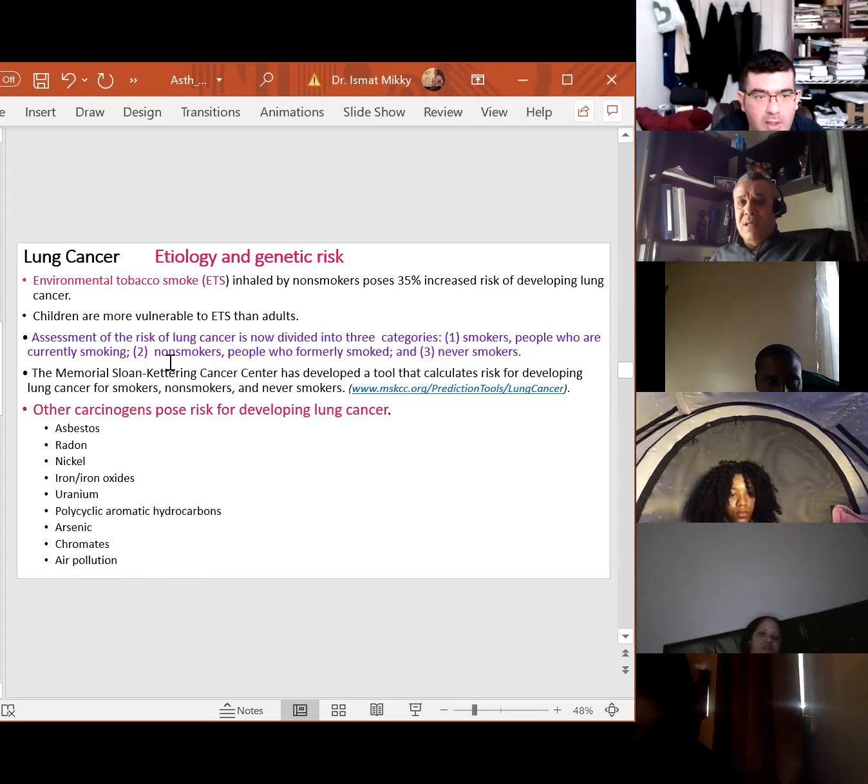Could be welding, smelting, mining. Patients who work in chemical or petroleum manufacturing are at high risk for lung cancer. And the problem with smoking is that it is going to have a synergistic effect with these other chemicals.